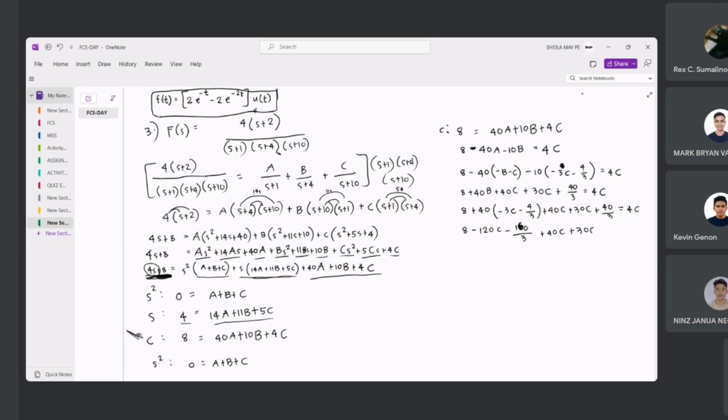Okay, plus 40C plus 30C plus 40 over 3 equals 4C. Okay, combine like terms. Let's combine the constants. We have constants 8, negative 160 over 3, and 40 over 3. 8 minus 160 over 3.